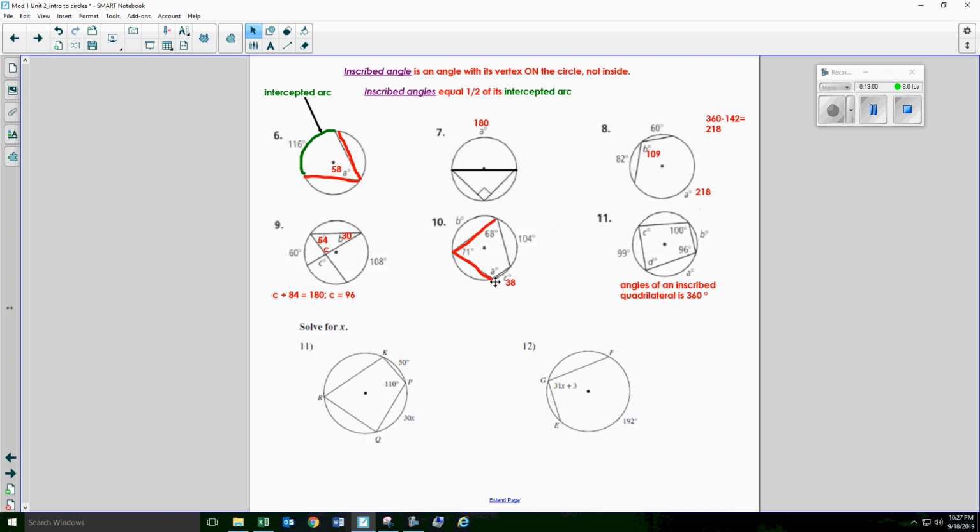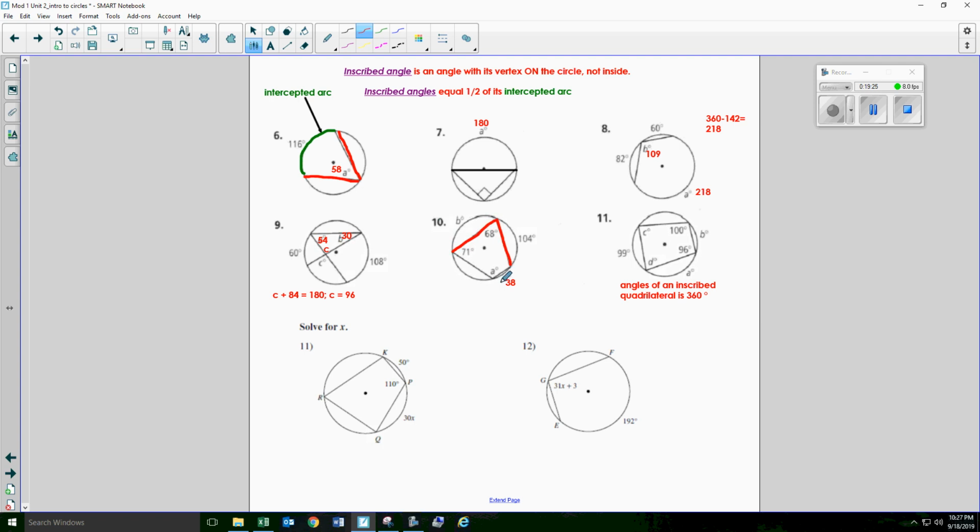Okay. Now what else? So let me go ahead and erase that piece. So we just figured out what C was. Okay. So now 68. Remember, 68 is half of its intercepted arc. So if I need to see where that arc goes, go along that angle right there. So this arc from here to here is double this, 136.